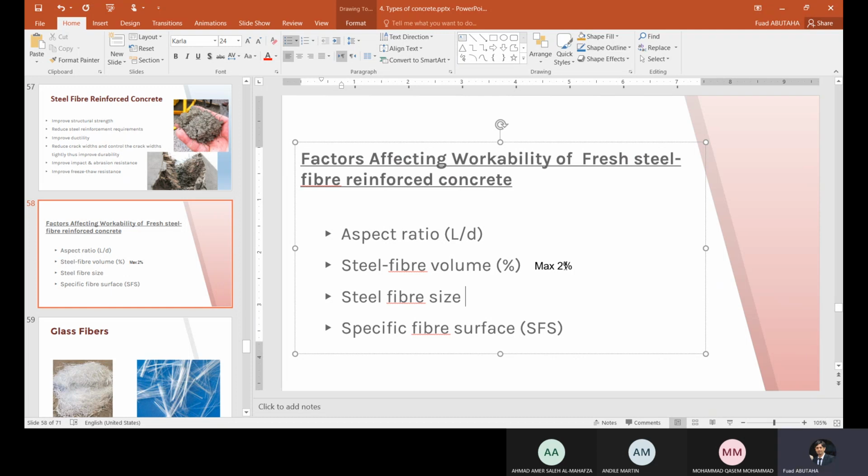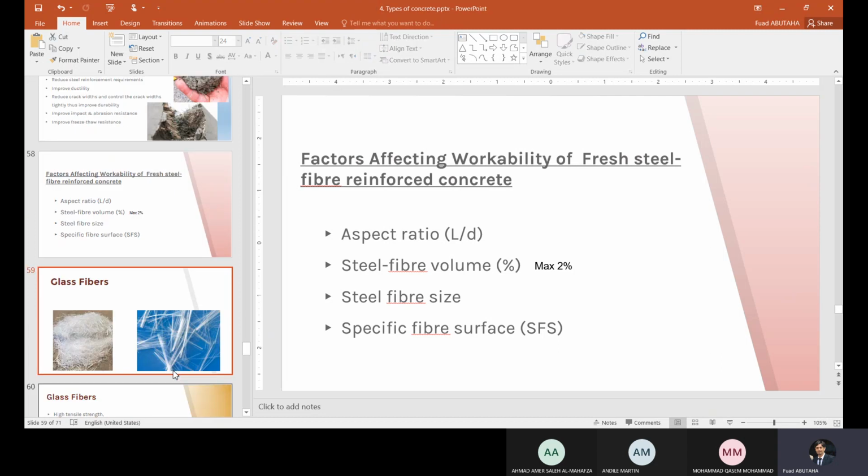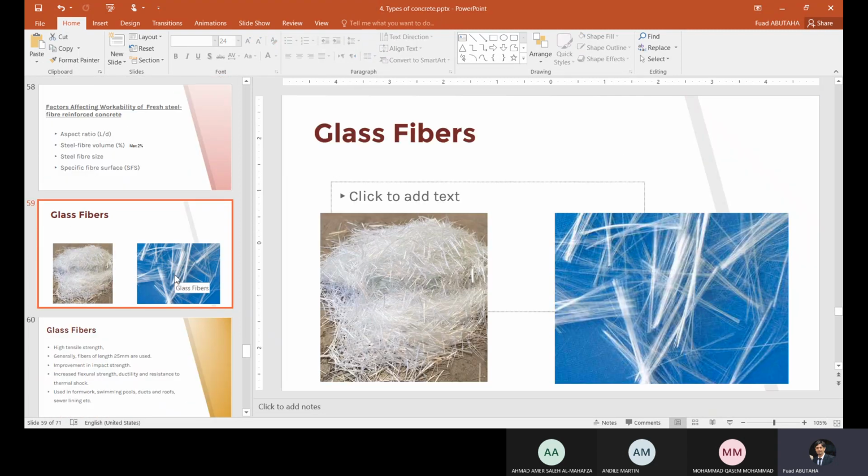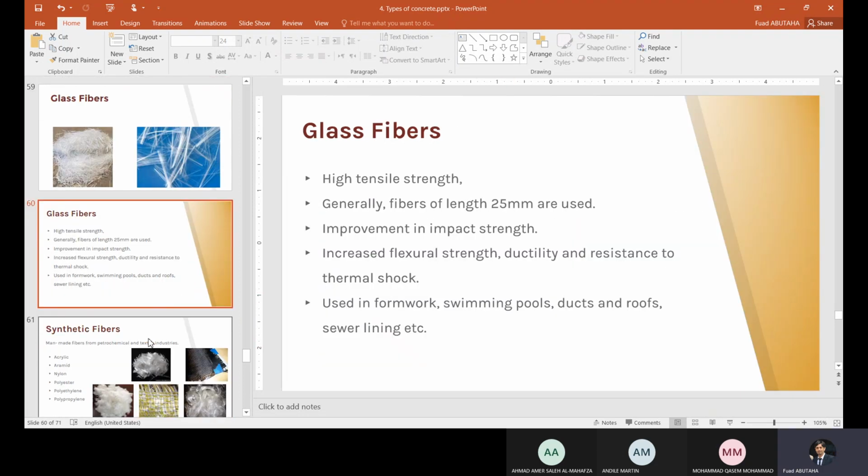Other factors that affect the concrete properties are the size of the fiber and the specific fiber surface. The surface of the fiber itself can also affect the durability and the workability of the concrete. Here is another kind of fiber, the glass fiber, with high tensile strength, and this is some information about this type of fiber.